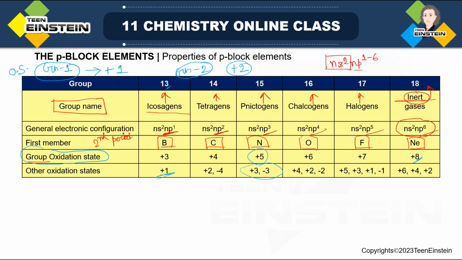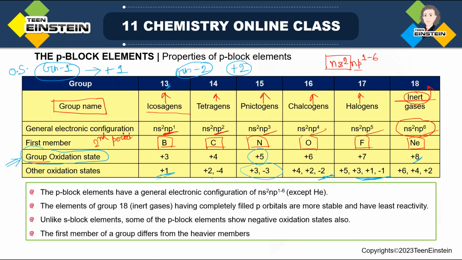And as you are moving towards group 16, 17, the number of oxidation states is also increasing, right? So two types of oxidation state we have. This is the group oxidation state, which is common, and you can easily remember it from the last digit. And other oxidation states are also possible. Even negative oxidation states you can see here, right?